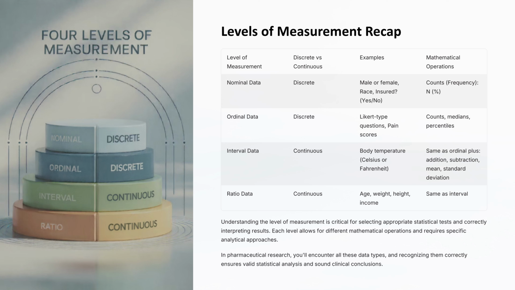Interval data is continuous, like body temperature. Remember, it has intervals between each unit that are equal in length, and then ratio data, which is continuous like weight, and it has no bounds and can be measured very precisely. The more analytically precise your instrument, the more detail you can get.